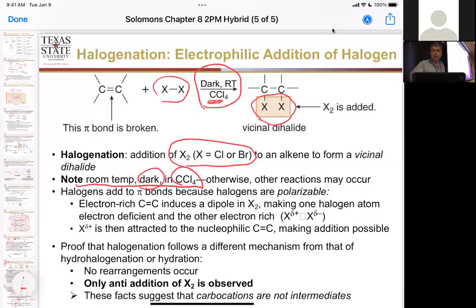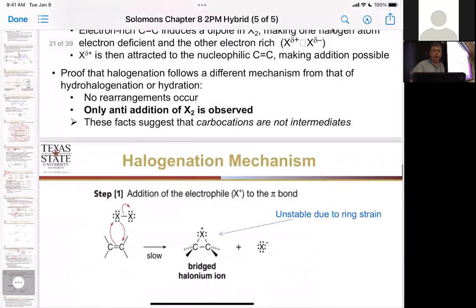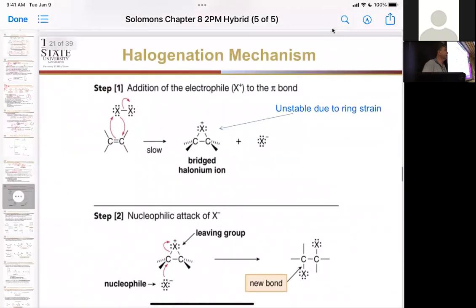Okay. So how does it work? Well, the halogen itself is not a very polar bond. And so what it has to do is have polarity induced by coming close to our double bond here. It induces polarity here, making this partially positive, making this partially negative. So that now that this side's partially negative, it's willing to take these electrons away.